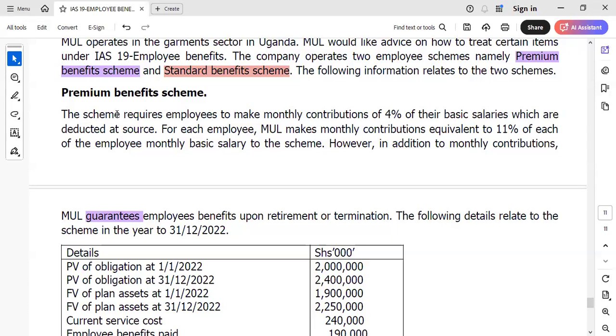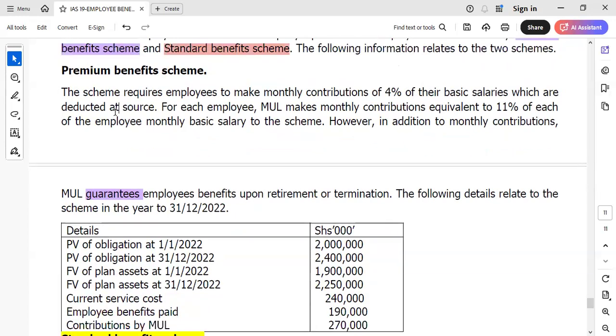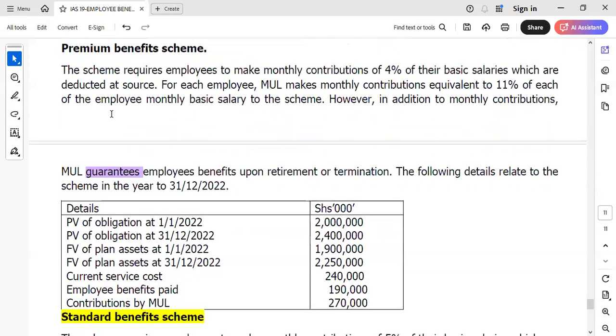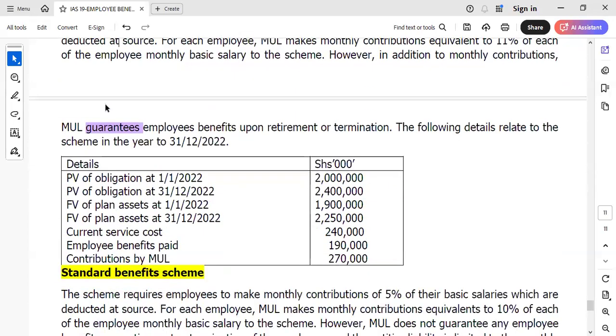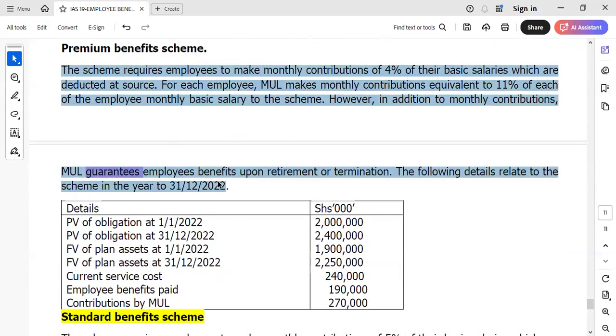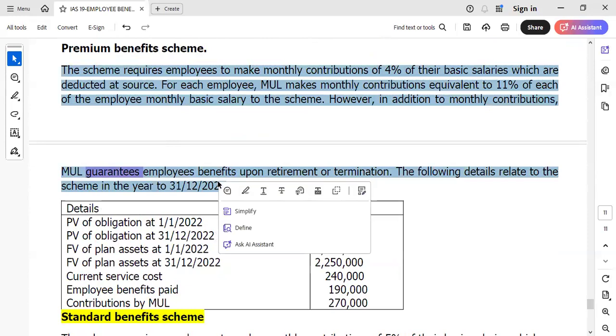This scheme we are opening, every employee, I will be contributing this. You contribute 1%, I contribute 10%, or I contribute 5%. The reason why the boss is contributing is to make sure that at the end, there is money available. Otherwise, when that boss is not contributing, the money may not be available by that time to offer you the rewards. So here we have confirmed that the company has an obligation to pay in the future.